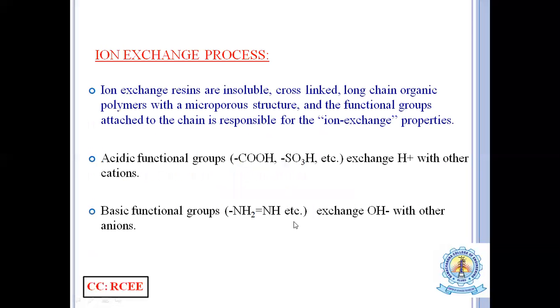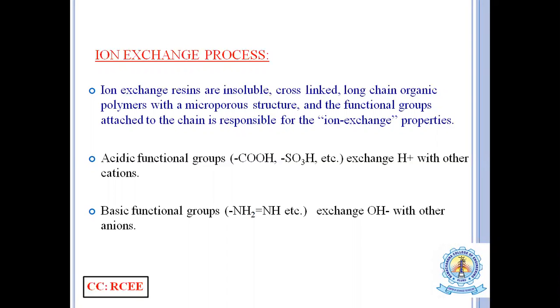And the next one is the ion exchange process. It is completely different from the zeolite process. Ion exchange resins are insoluble, cross-linked long chain organic polymers with a micropore structure, and the functional groups attached to the chains are responsible for the ion exchange. Here the hardness causing agents are calcium bicarbonate or magnesium carbonate, or the permanent hardness caused by calcium chloride or magnesium chloride.